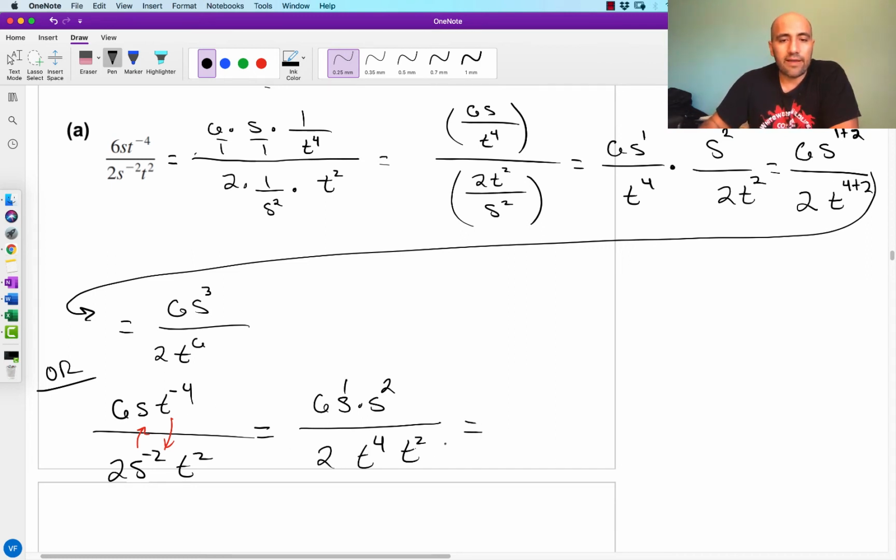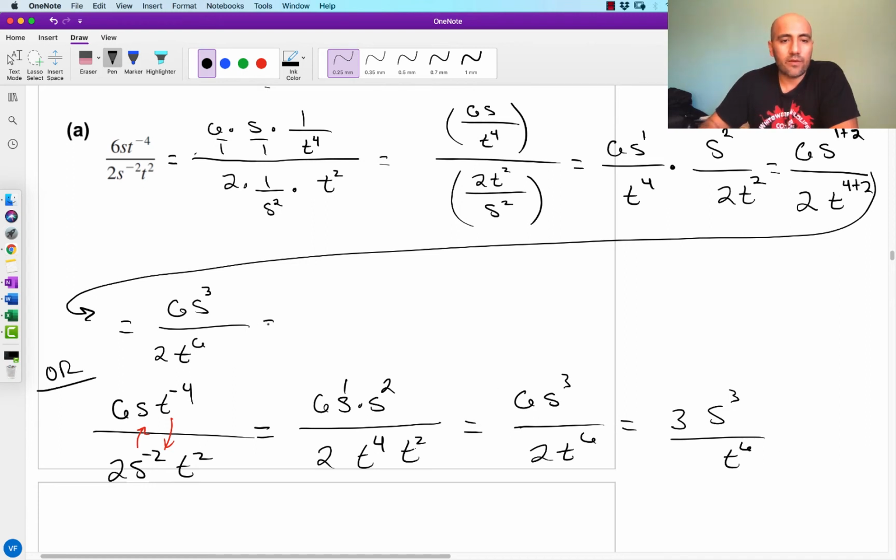And now we simplify it, and we'll get the same answer. 6s to the 3rd power all over 2t to the 6th power. Right? Okay, of course, we can also reduce this. 6 divided by 2, that's just equal to 3. So this is 3s to the 3rd power divided by t to the 6th power.